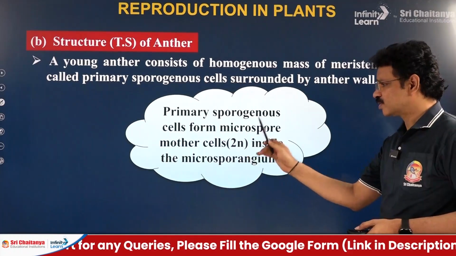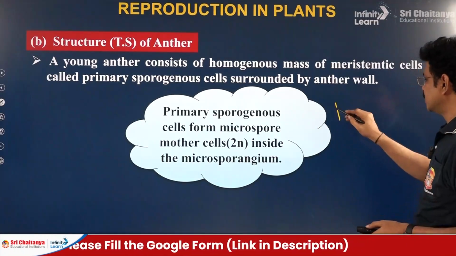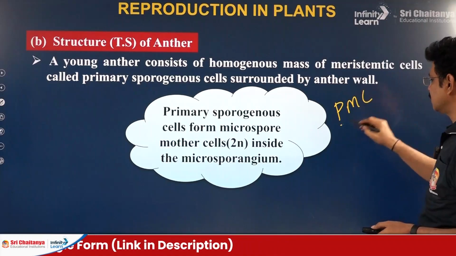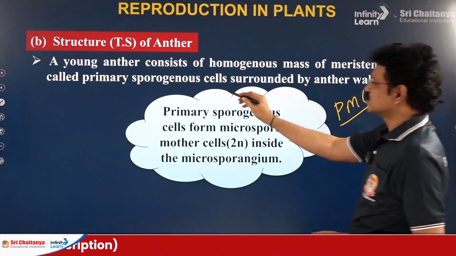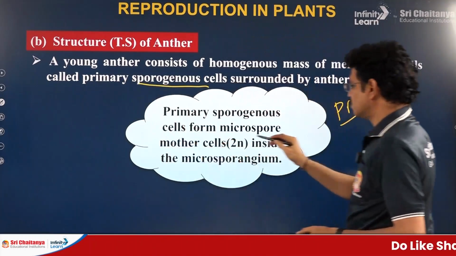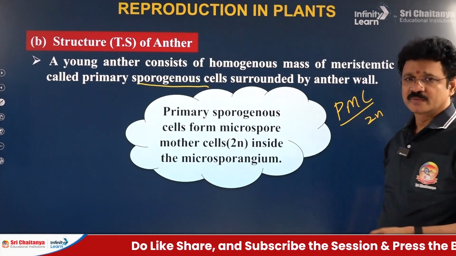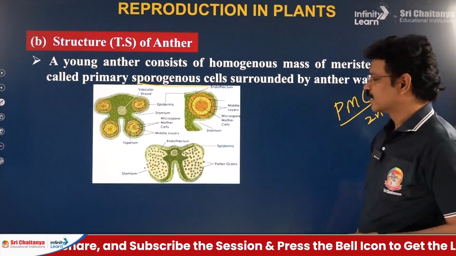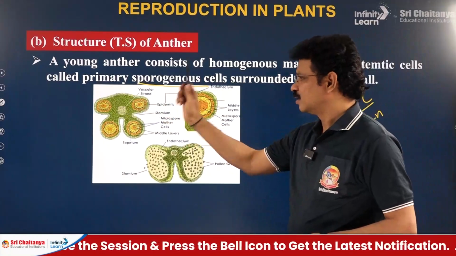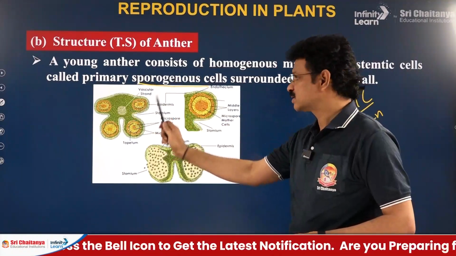Another name of the microspore mother cell is PMC, meaning pollen mother cell. Both cells of the sporogenous tissue and spore mother cells are in diploid condition. These are able to perform meiotic cell division. Okay. It is the transverse section, a TS of dithecous anther.